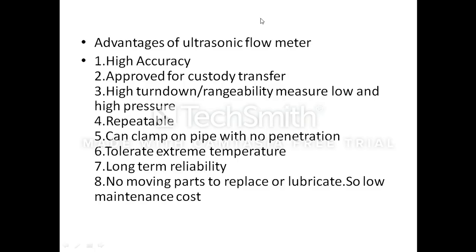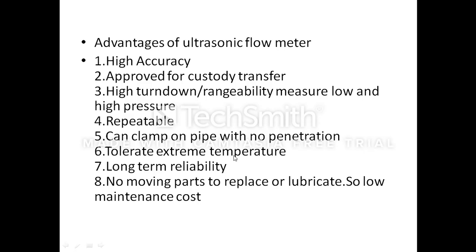Coming to the advantages, the ultrasonic flow meter has high accuracy because we are using ultrasonic waves. It is approved for custody transfer, has high turn down, measures low and high pressure fluid, and gives good repeatability of measurement. It can clamp on the pipe with no penetration, so you need not make any hole in the pipes.